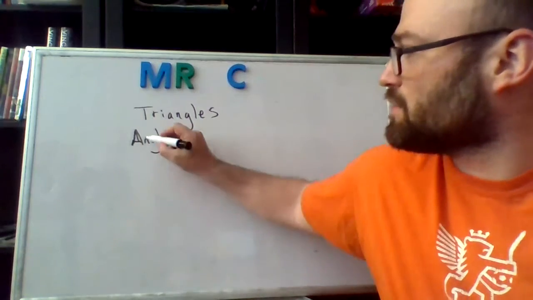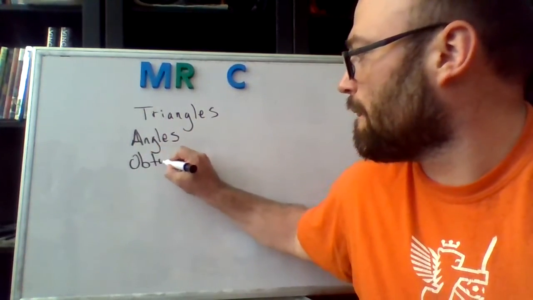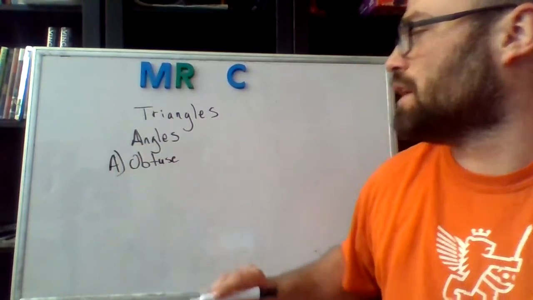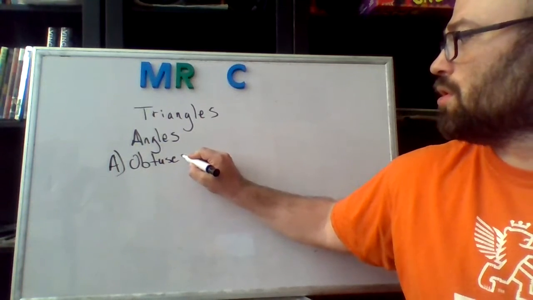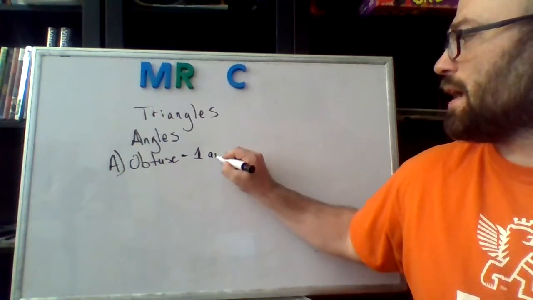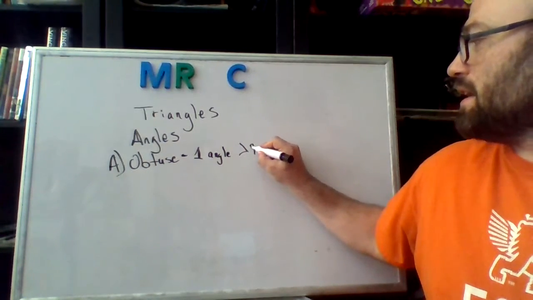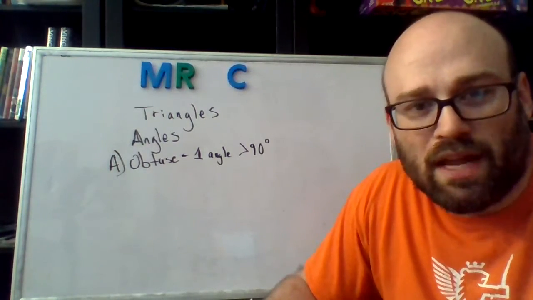But we can classify triangles by angles, and so you have an obtuse triangle. Obtuse means it has one angle greater than 90 degrees. Sorry, obtuse is one angle greater than 90 degrees.